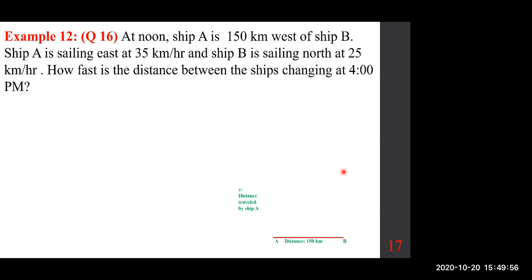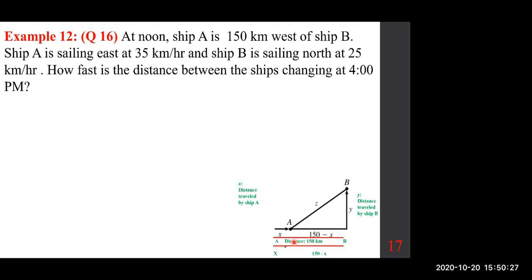X is traveled by ship A. So A goes this way by X amount, and B goes that way by Y amount. Is everybody with me? A goes this way by X, and B goes up this way by Y. So A has moved X amount at some point, okay? So that's how we arrive at this setup.